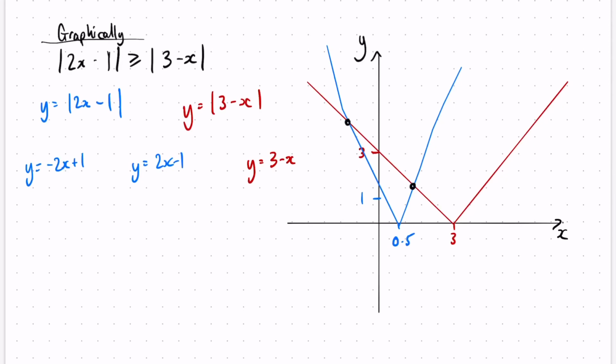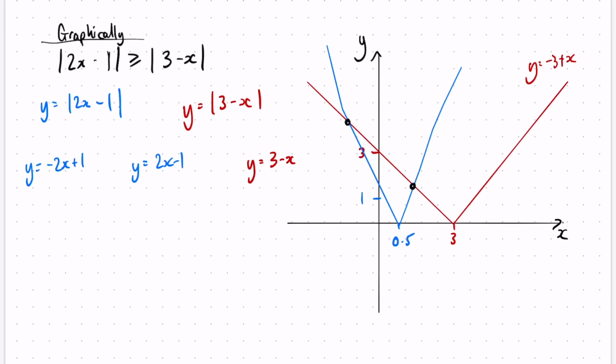Okay, so you have to do a bit of thinking. It's not always just going to be the negative part of that. You have to think about which gradient you want. So we wanted the negative gradient variety and not the positive gradient, which would have been y is equal to minus 3 plus x.